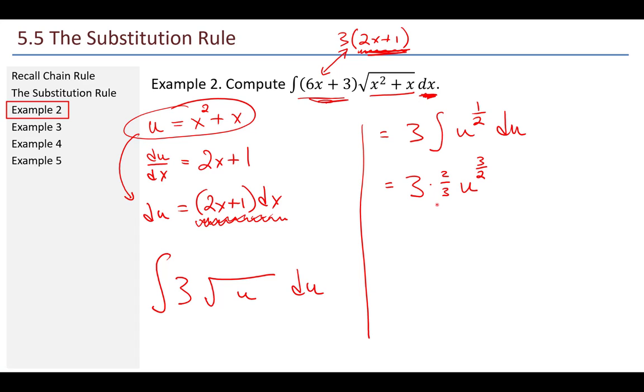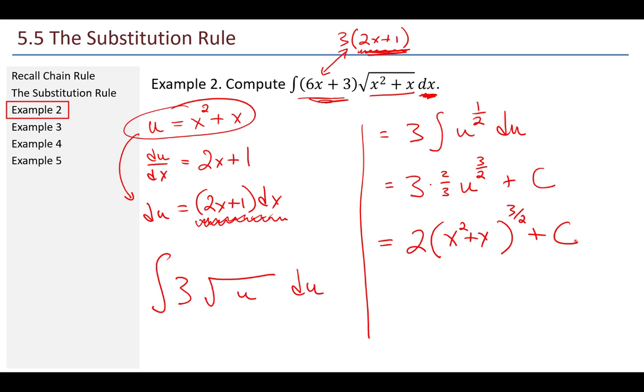You'll see I often leave a little space between the constant multiple and the function if I think I'm going to have to introduce a new factor. And this is plus c. So as our last step, I'll simplify that, and I'll replace the u with what it really represents, and the u is really x squared plus x. There it is.